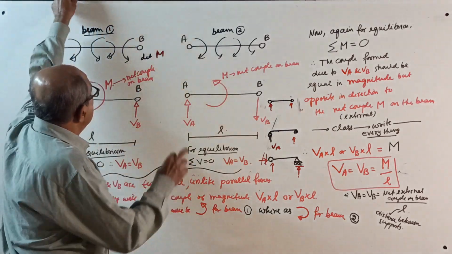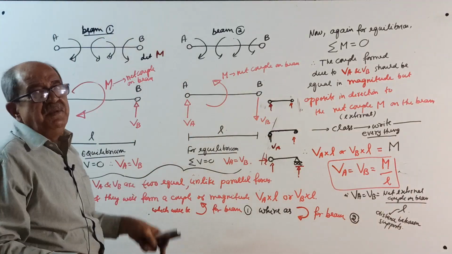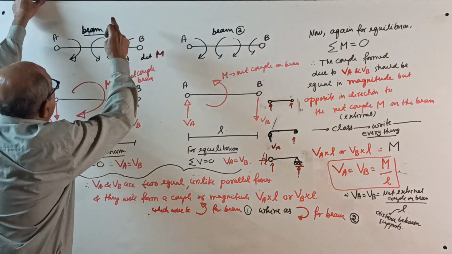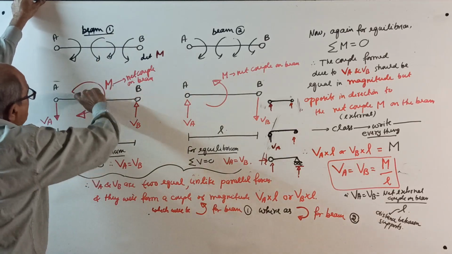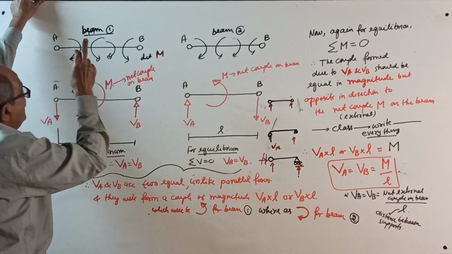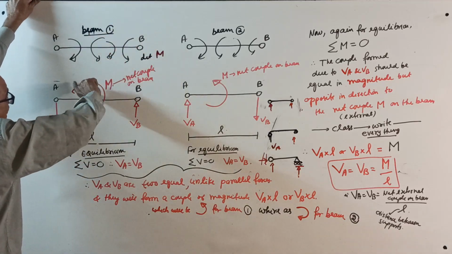M. Now, two chances are there. The net couple may be clockwise or anti-clockwise. Therefore, for beam 1, let net couple M be clockwise. You should write here; I am dictating. For beam 1, let that net couple be M clockwise.